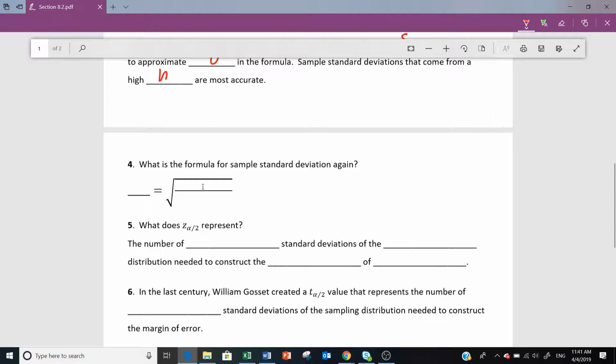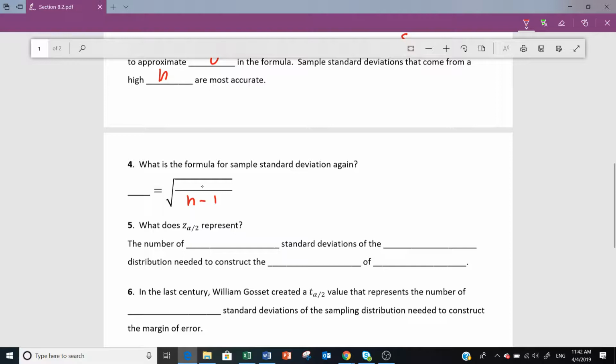Alina, you have the newer notes. We're still finishing the notes. So it's for a sample, right? Not a population. Yes. Good stuff. You remember the n-1 on the bottom? That's good. So I have a couple of people already filling things in. They remember that there was an n-1 on the bottom here.